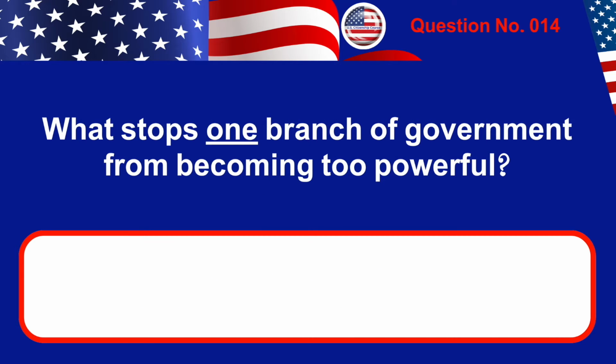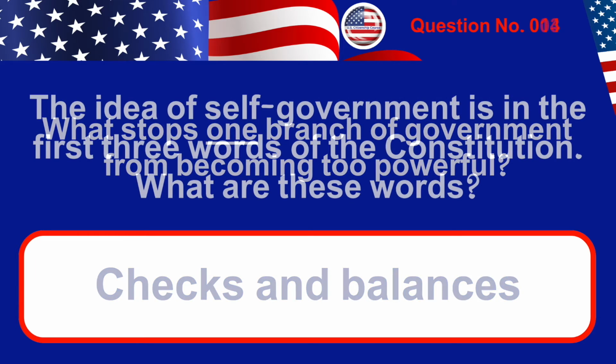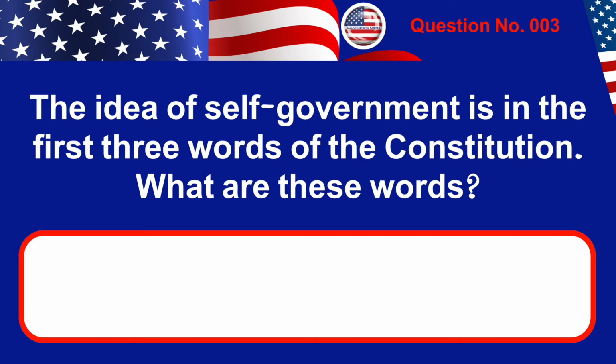What stops one branch of government from becoming too powerful? Checks and balances. The idea of self-government is in the first three words of the Constitution.